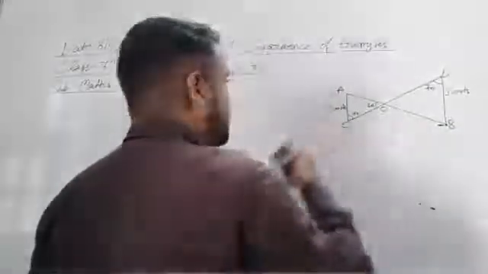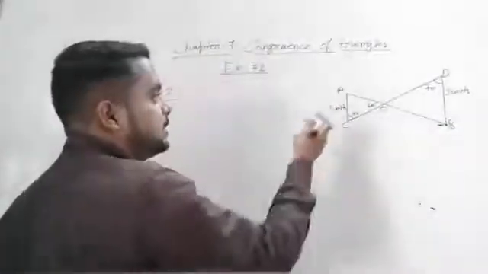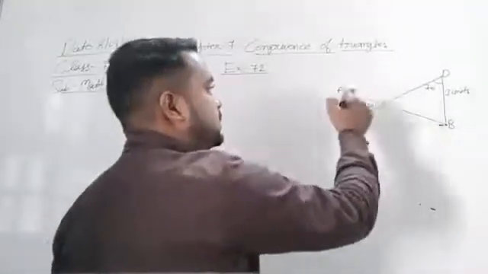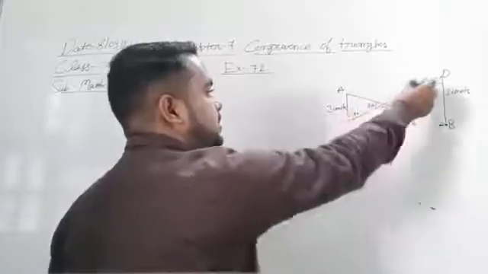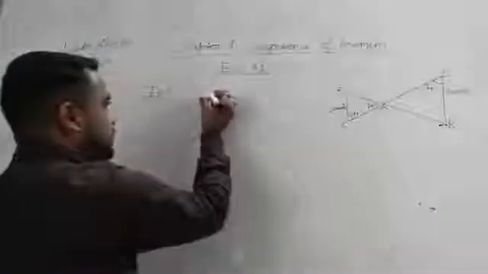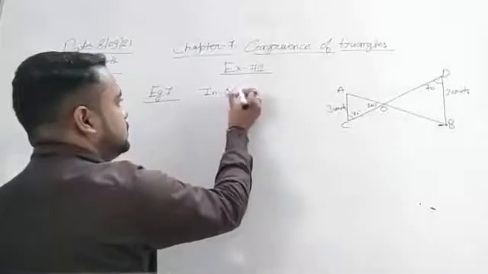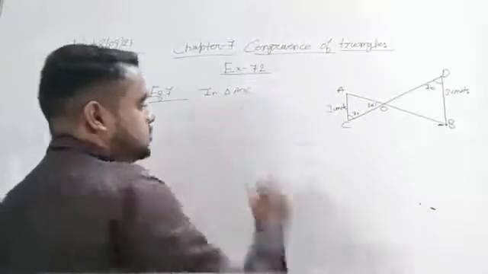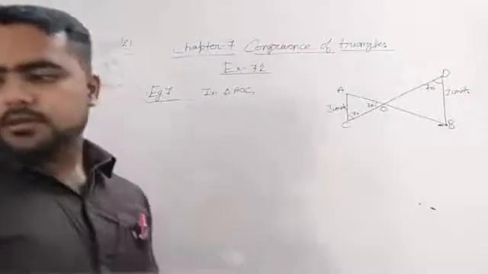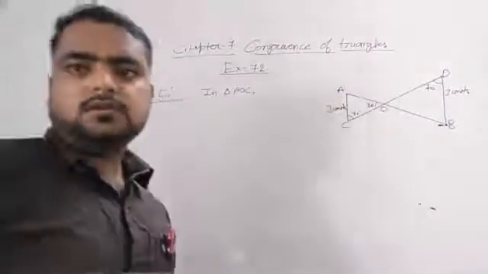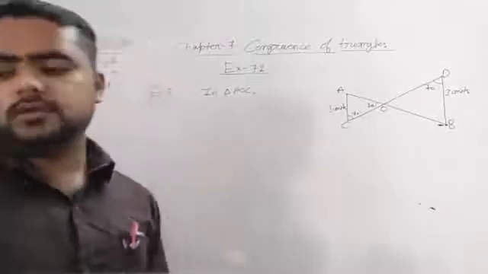So first we find all the angles of these two triangles, triangle AOC and triangle BOD. Let me tell you what we have to do in this question.